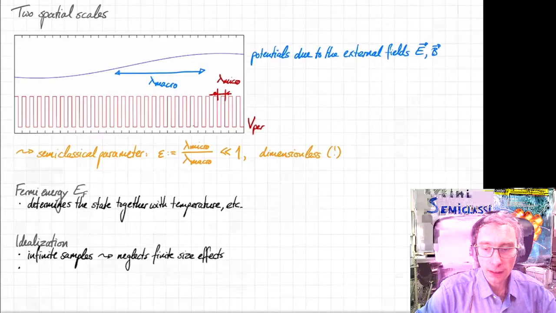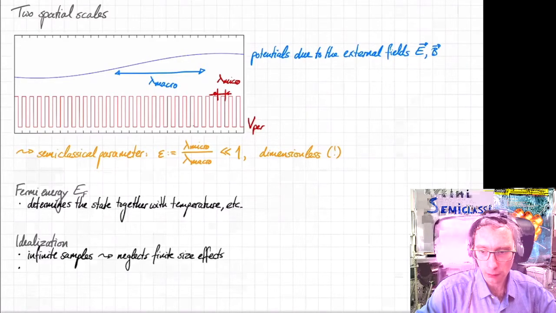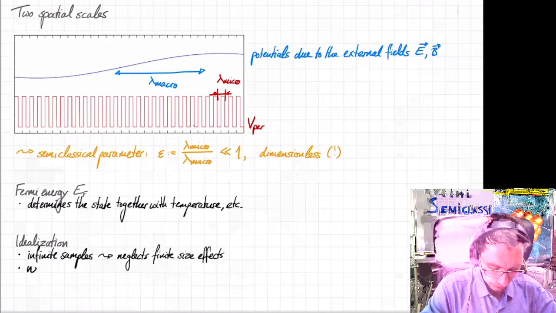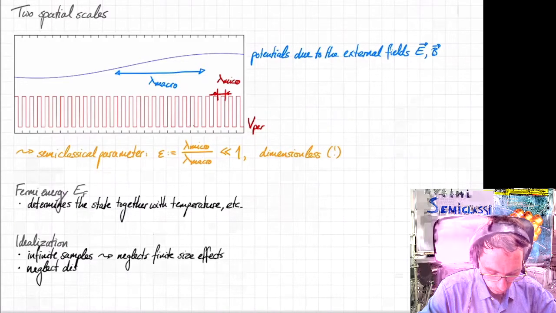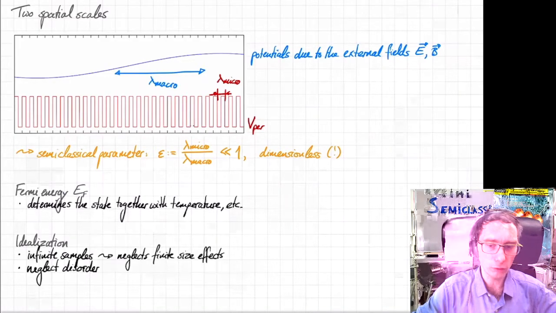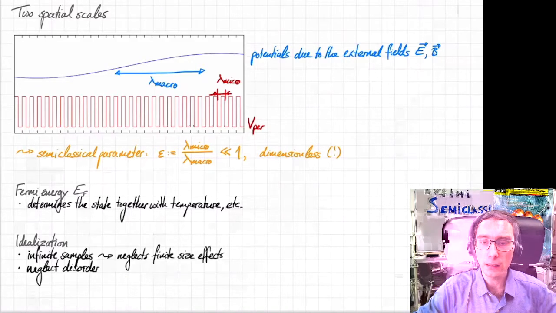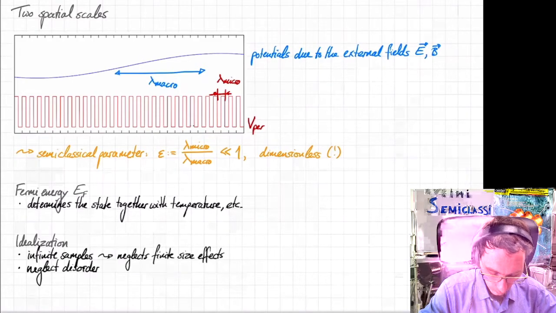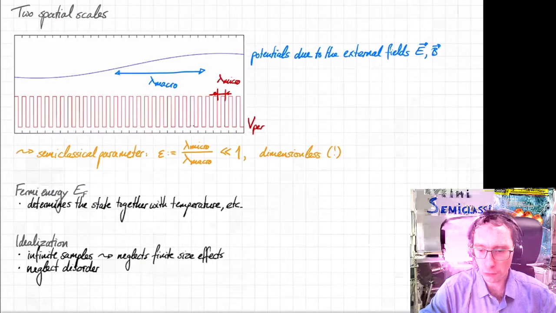The second thing is, and this was something that I already anticipated, that we will also neglect disorder. And that is because the semi-classical approximation, the way I'm going to introduce it to you here, breaks down when you have an appreciable amount of disorder. So instead, you would have to use different tools.